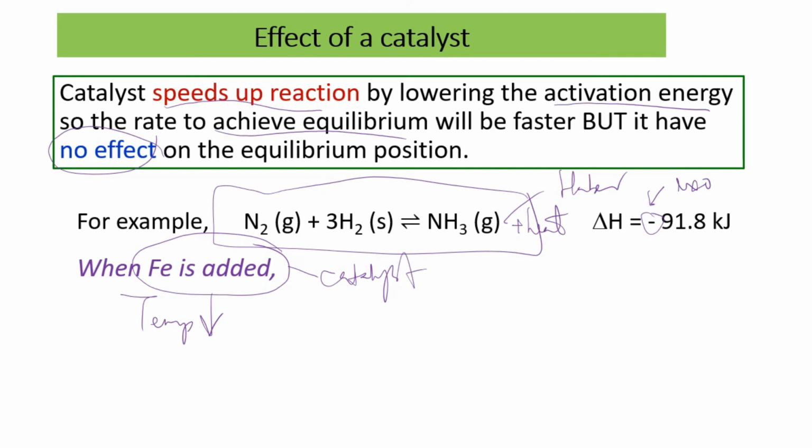When we add iron, it speeds up the process to the left and to the right, but it does not change the equilibrium position, because both rates will be increased in the same way.